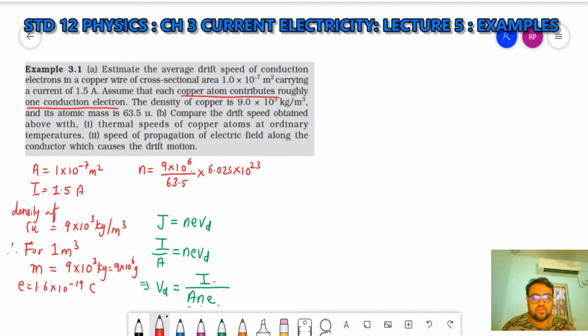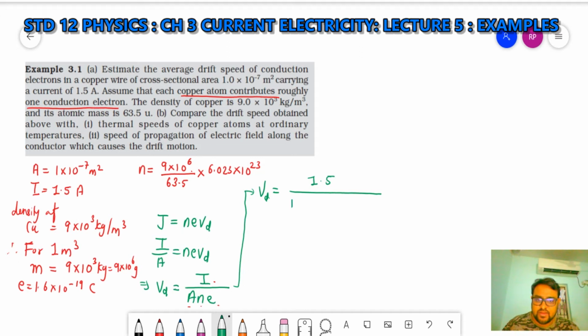That is the value of n. Now let's put this down and find out the value of drift velocity. So vd will be equal to I, the current, 1.5, upon A, that is area, 1 into 10 raised to minus 7, means 10 raised to minus 7.